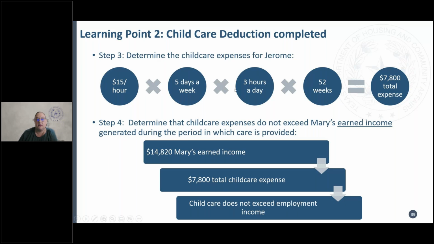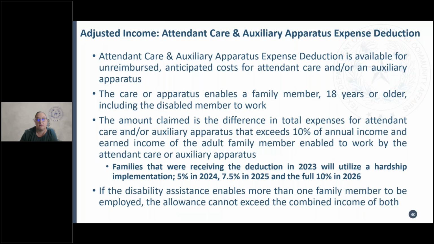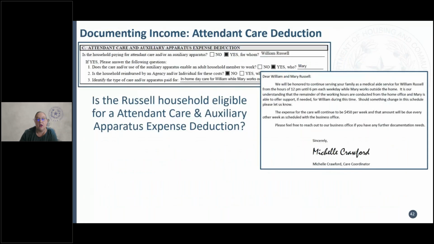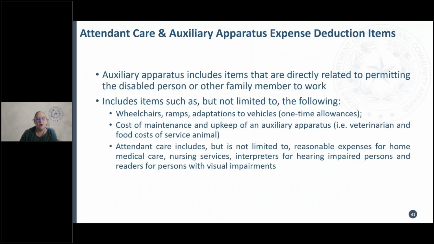And then can transportation expenses to the healthcare and back home be deducted? I'm going to say no, because the auxiliary apparatus and attendant care deduction has to enable someone to work.